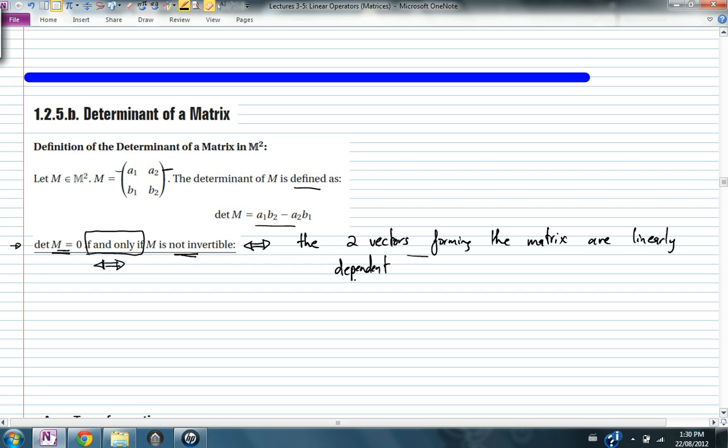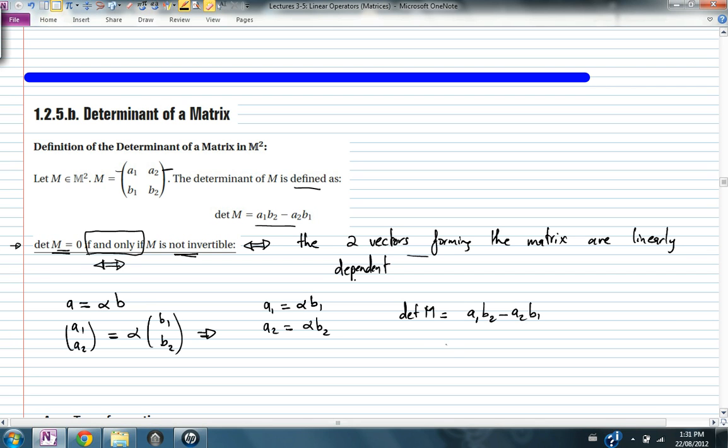And let's show it. If A is equal to alpha B, which means A1, A2 is equal to alpha times B1, B2, which means A1 equals alpha B1 and A2 equals alpha B2. What does this mean? It means that the determinant of M equals A1 B2 minus A2 B1.